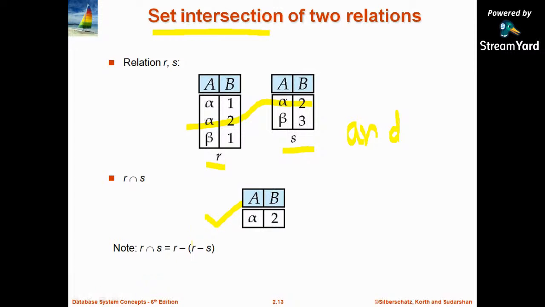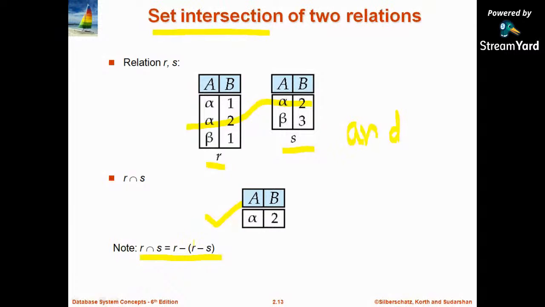Whatever result you received, this can be written using the formula R minus (R minus S). It is important from the GATE point of view. Look at this. What are the entries in R minus S?